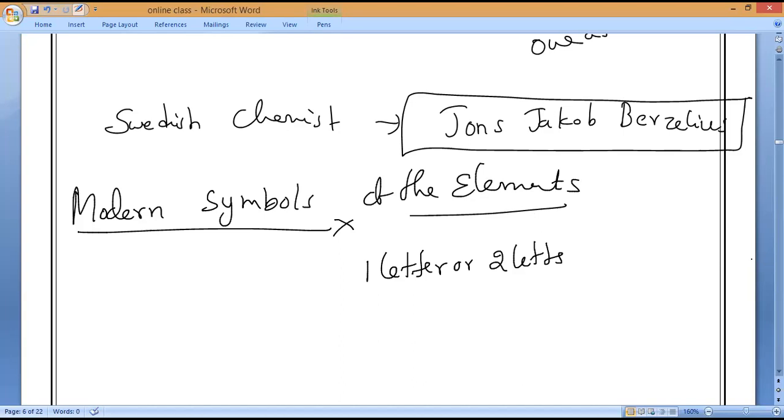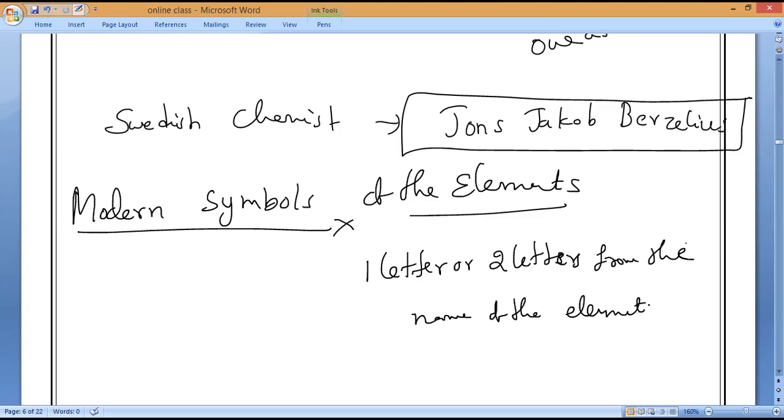That is why different elements have been named in different ways. That is what you have to remember. So we are using one or two letters from the name of the element. Is it okay, everybody?